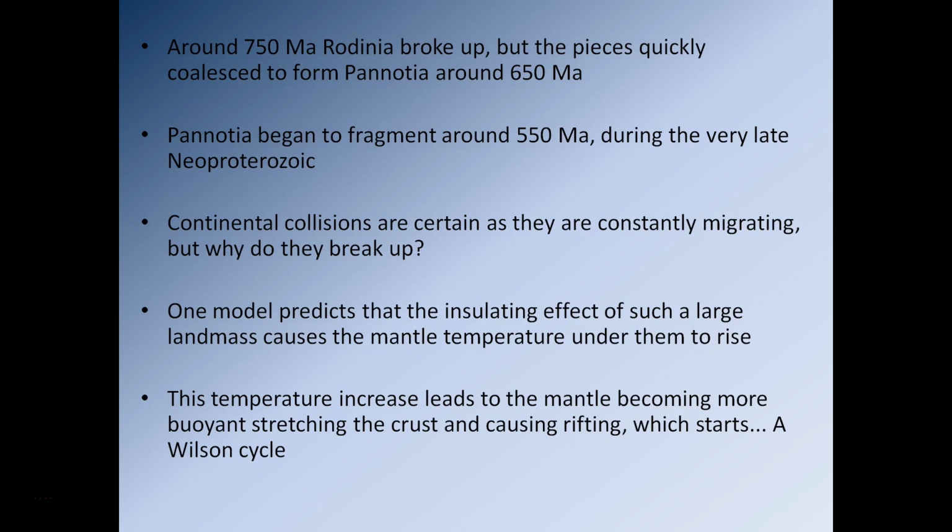This very hot ball of magma gets stuck beneath the continental crust, and this magma wants to rise. It causes the overlying continental crust to dome up. As it domes, it begins to enter extension, it begins to be stretched, and once again, that can lead to the formation of rifting. So there are a few reasons as to why supercontinents might break up.